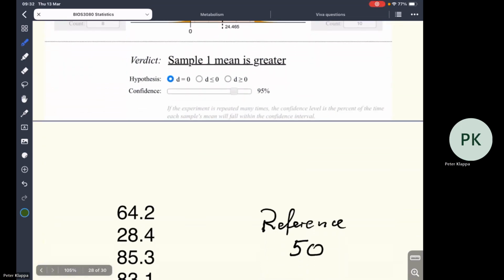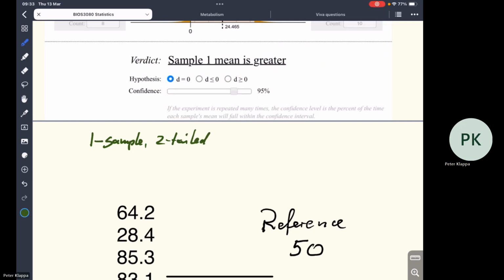Excellent. Now, let's assume we want to investigate only one sample. So we would have a one-sample, two-tailed, independent t-test.